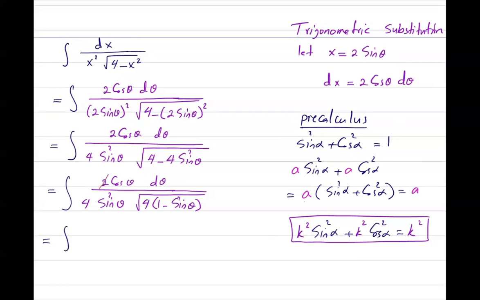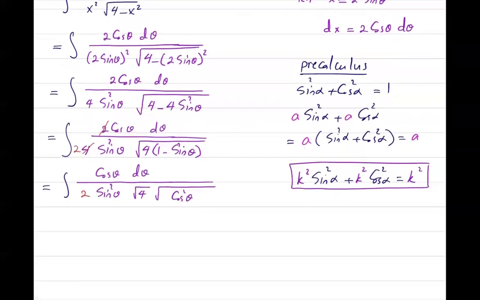Of course, why not? This is 2, this is 4, so you get a 2 here. You get cosine theta d theta divided by 2 times sine squared of theta. And then you have the square root of 4. Then you have the square root of 1 minus sine squared, which is cosine squared of theta.